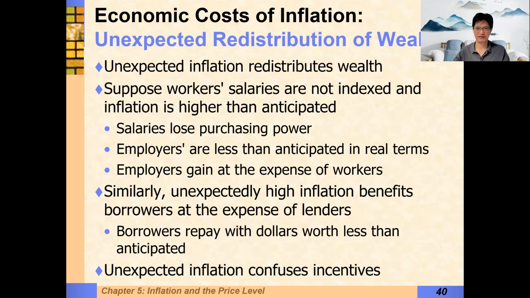Another problem with inflation is if we have unexpected inflation. If we have unexpected inflation, as I mentioned earlier with interest and real interest rates, we have a redistribution of wealth, unexpected redistribution of wealth. If inflation is unexpectedly high, all of the people who borrowed money gain, all the people who lent money lose.